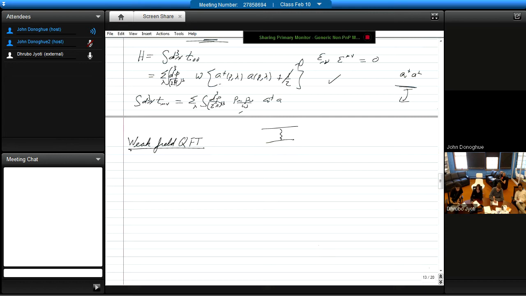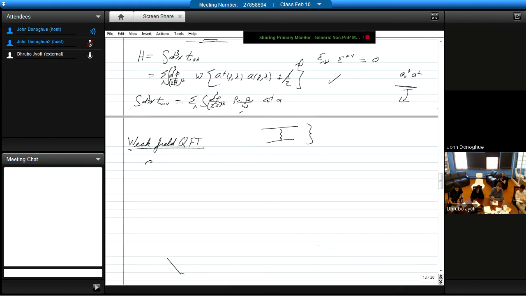In quantum field theory, if you're doing scattering by photons, you would do photon exchange. You draw Feynman diagrams like that. So let's go back, do weak field, and turn this into a quantum field theory, where we do Feynman rules.